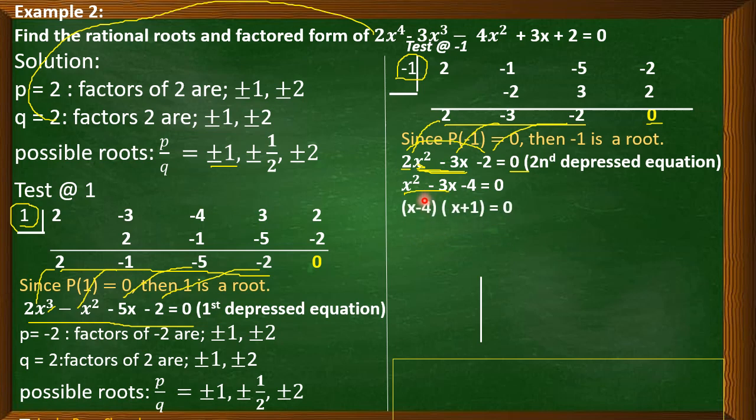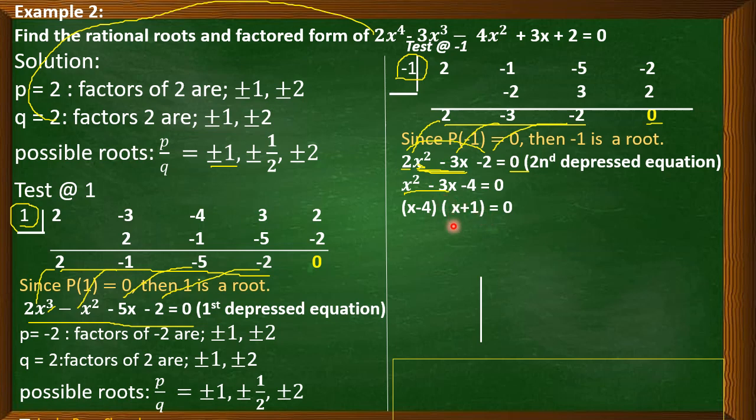So factors of x squared are x, and the factors of negative 4 that will give a sum of negative 3 are negative 4 and 1. So negative 4 times 1 is negative 4, but once we add, we have negative 4 plus 1, that is equal to negative 3.